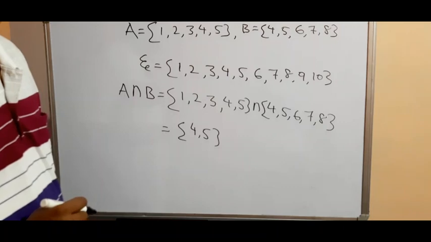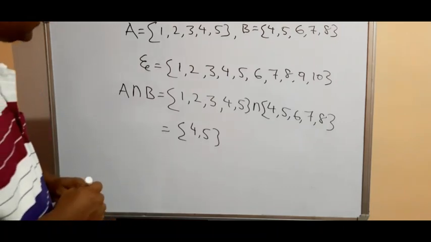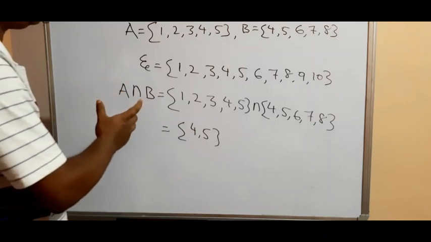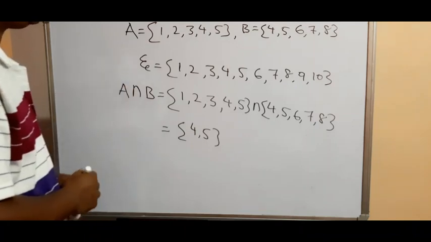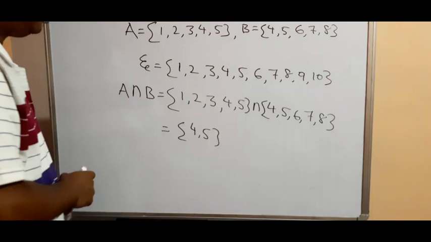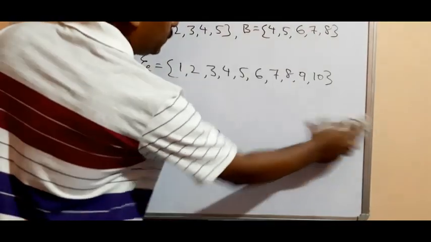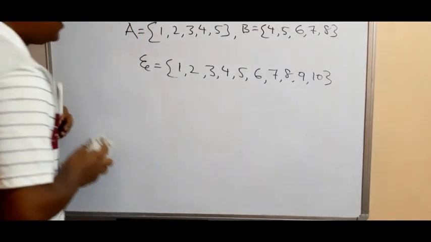Understood A intersection B? Now next one is difference of two sets. Difference means minus.